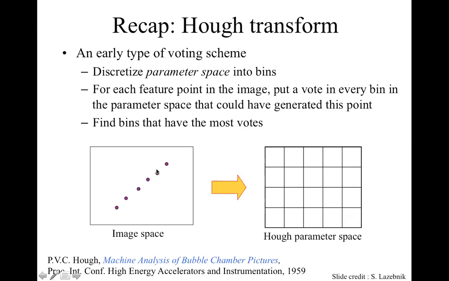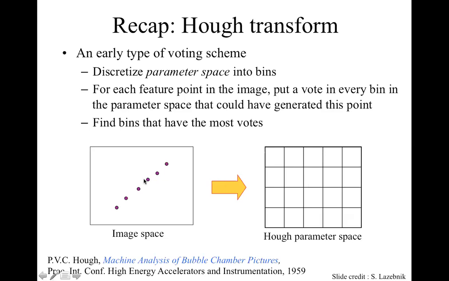So here in the image space, you have some edges that are sitting on a line, and the basic idea is that each edge will vote for a line, or for a set of lines, that will pass through the point in the image. In the Hough parameter space, you have to find the parameterization for the line, and in this Hough space, you have to discretize your parameters.